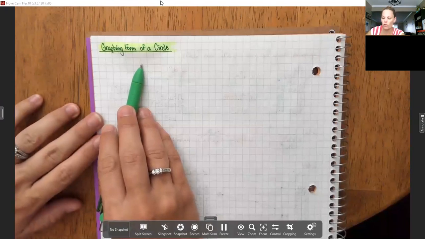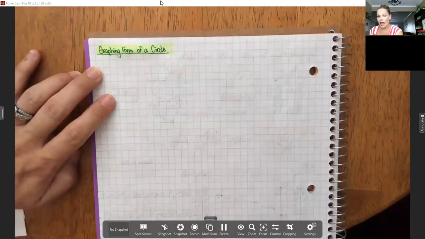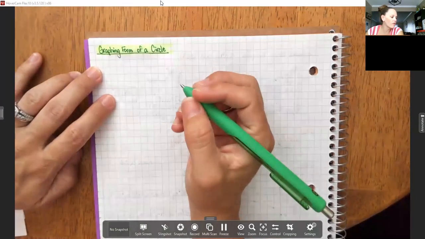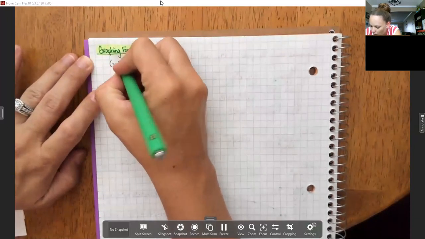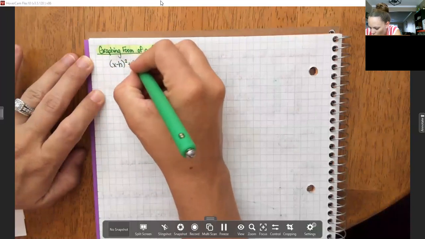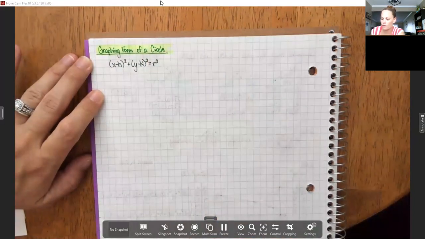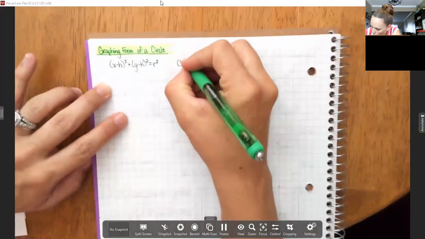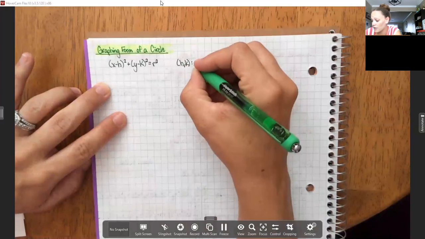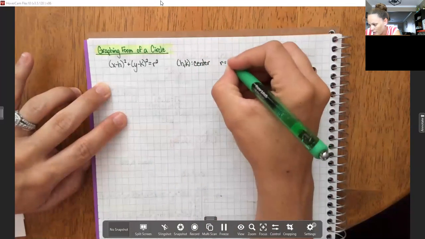We just saw a circle on problem 89, x squared plus y squared equals 25, but that was centered at the origin (0, 0). So graphing form of a circle is (x minus h) squared plus (y minus k) squared equals r squared, where (h, k) is the center and r is the radius.